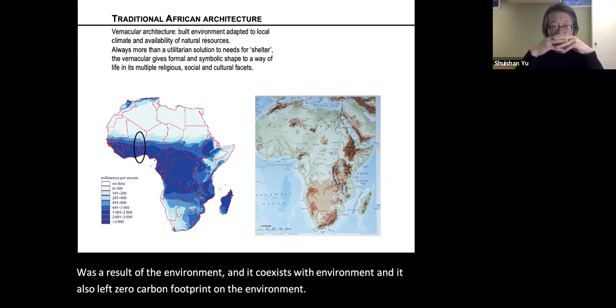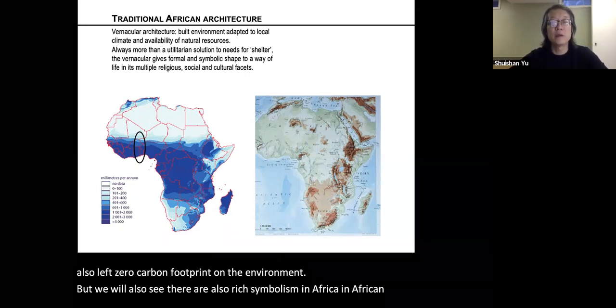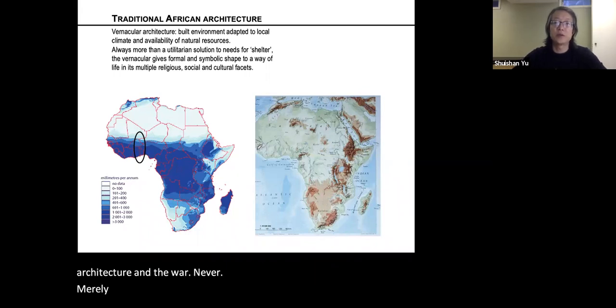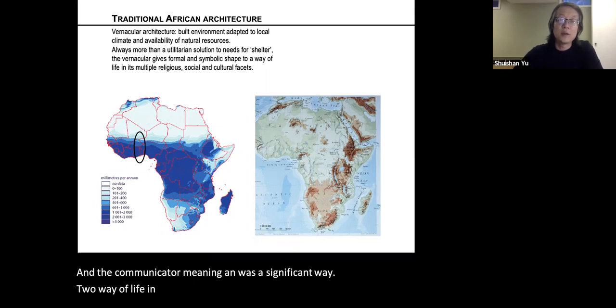But we will also see there is rich symbolism in African architecture, and it was never merely a utilitarian solution to shelter. It communicates meaning and was a significant way of life in its multiple religious, social, and cultural facets.